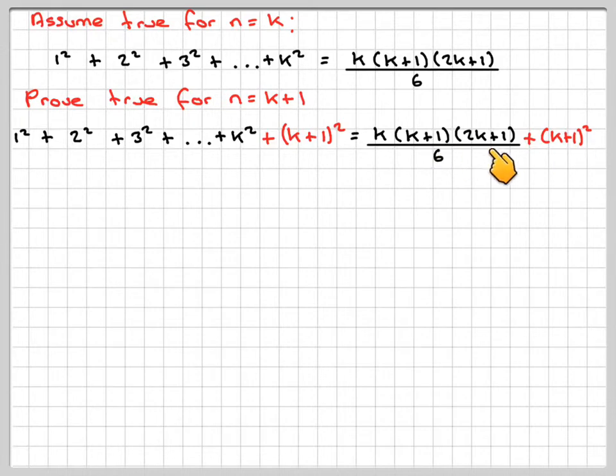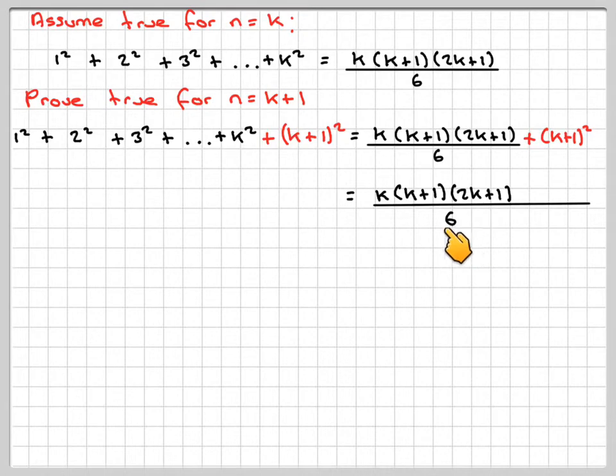Right, we now play with the right hand side. So making a common denominator, we get k plus 1, 2k plus 1. We need to multiply this by 6 plus 6 times k plus 1 squared. Rather than multiply out, we can see that we have a common factor of k plus 1.